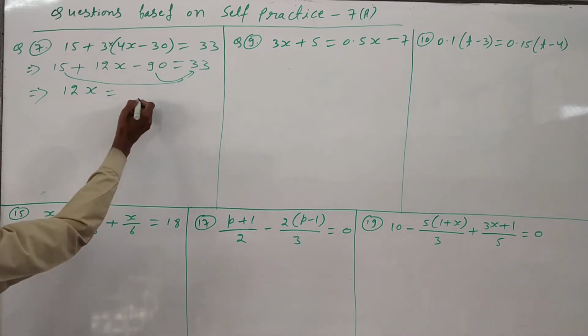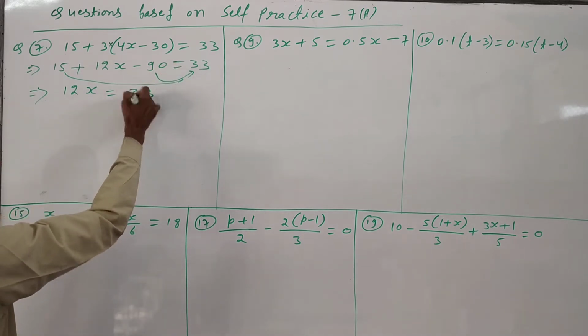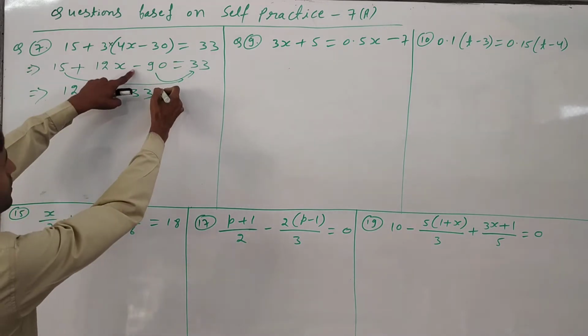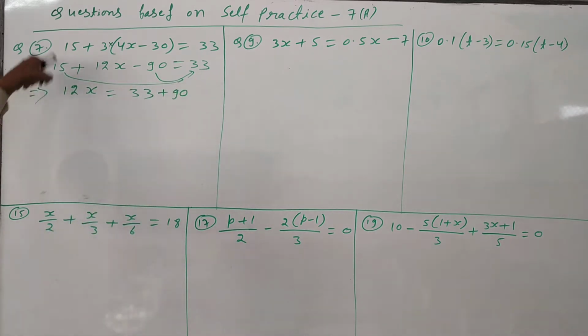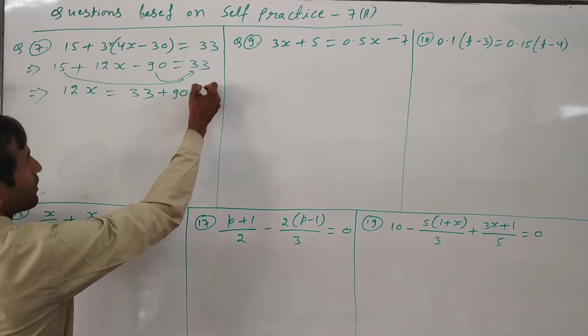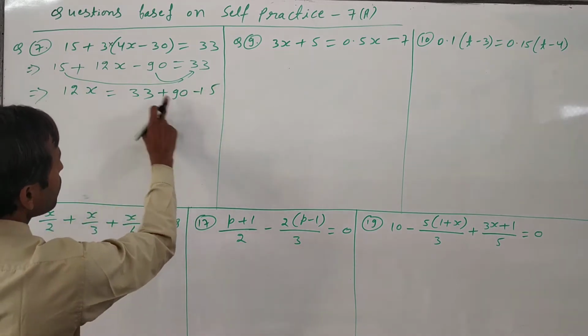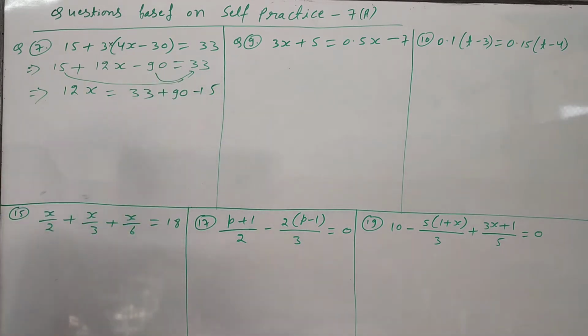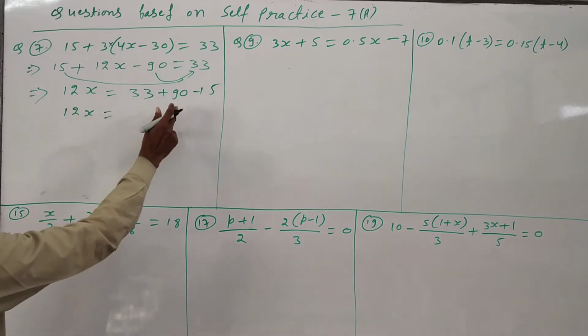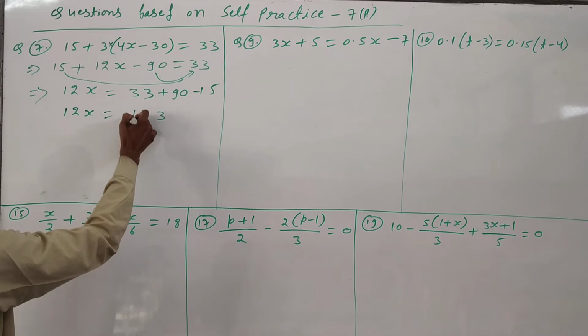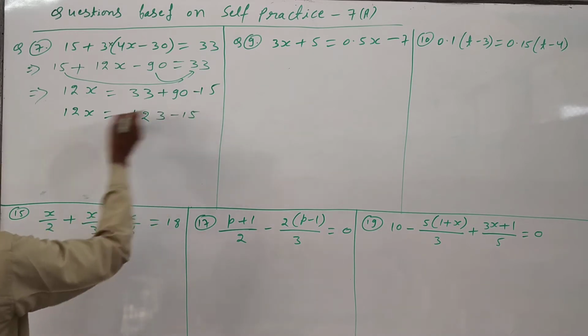So 33 stays the same, minus 90 becomes plus 90, and plus 15 goes to the other side as minus 15. Now these two values will be added and then 15 subtracted. So 12x is equal to 33 plus 90, that is 123, minus 15.